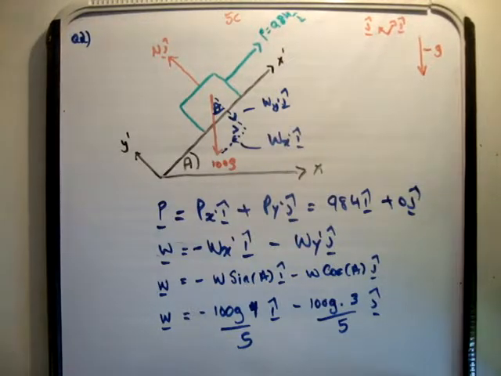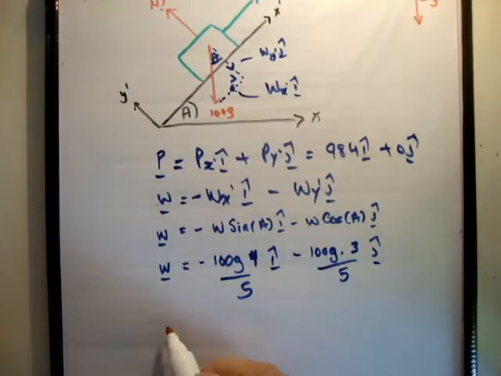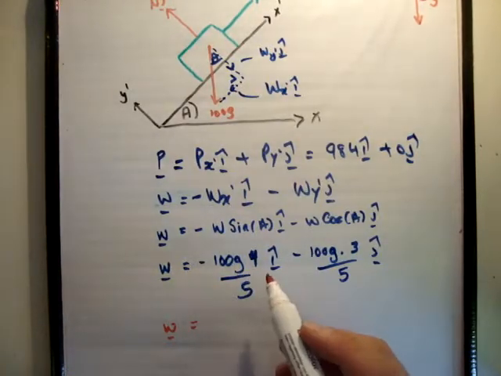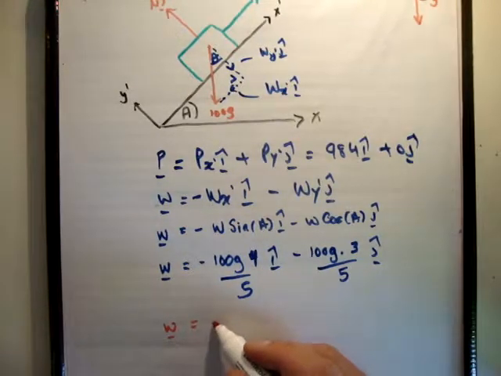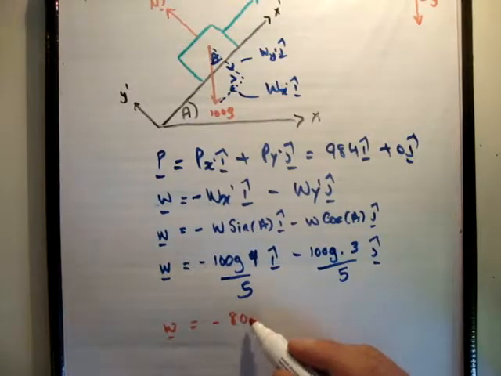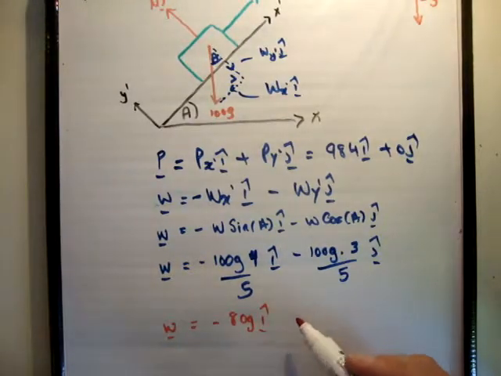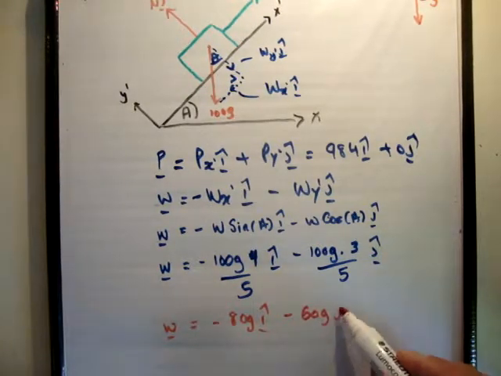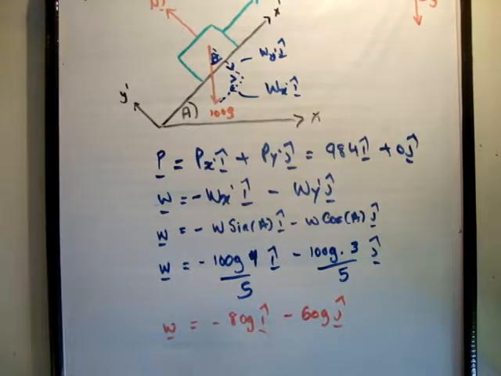Alright, so just finish that off then. We'll say the weight vector is equal to 20 times 4, 4 twos are 8, so it's negative 80g i hat, and it's going to be negative 60g j hat. Alright, like so.